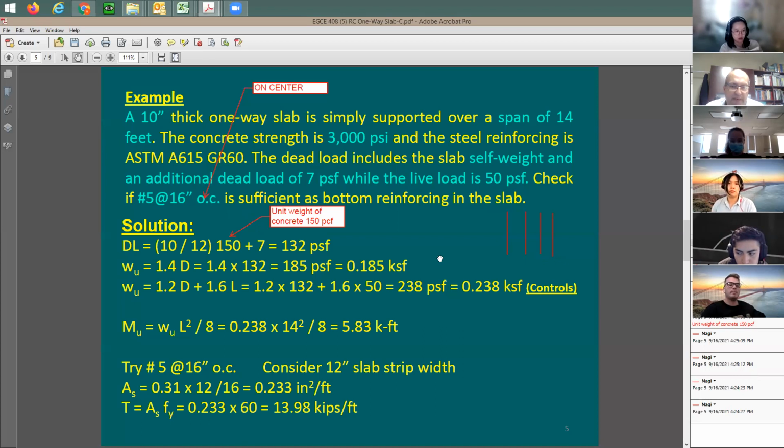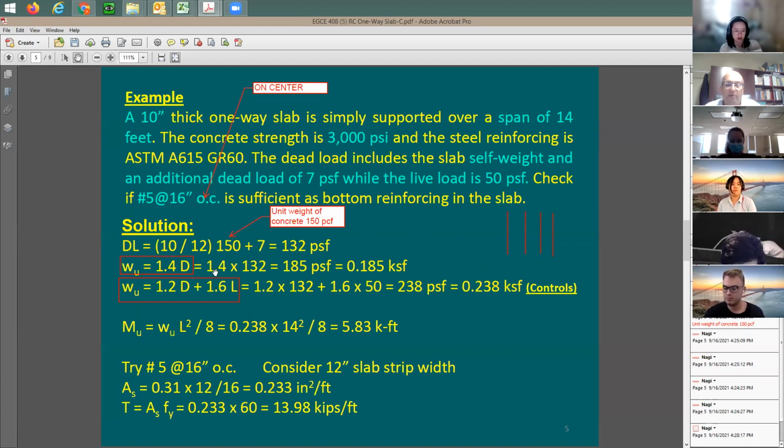If you remember for the load combinations, we have two main equations that I need to consider. First one says ultimate load is going to be equal to 1.4 times dead load. Second equation says take 1.2 dead plus 1.6 live load. So, okay, good. Dead load is equal to 132.